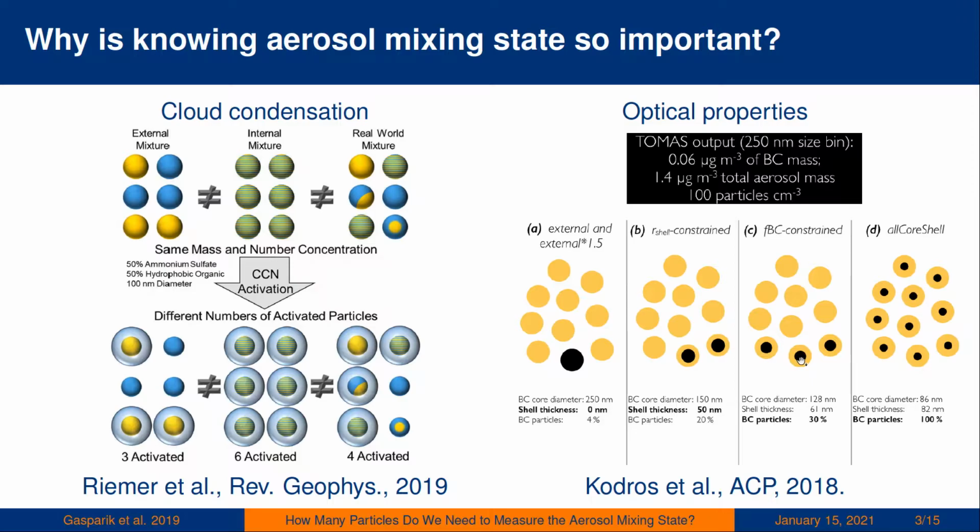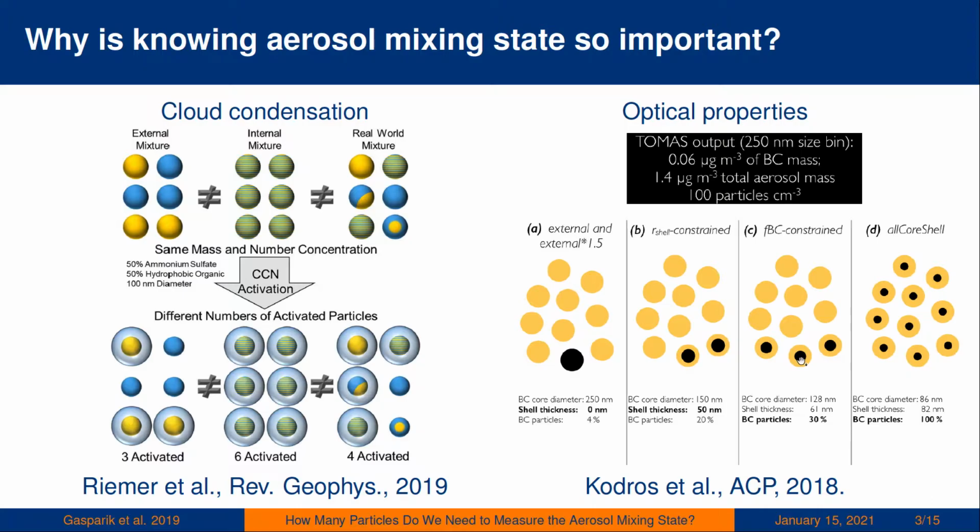2019. Then on the right, from Kodros 2018, in terms of thinking about optical properties, what we have here is the same amount of BC mass, the same amount of aerosol mass, and the same number of particles, but we can distribute the black carbon differently amongst the different cases.